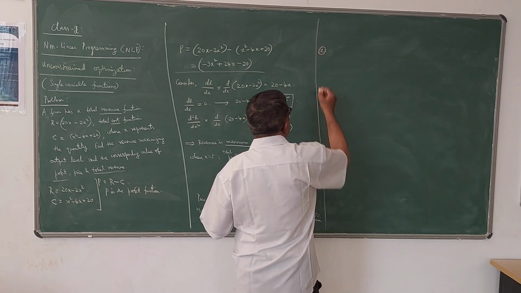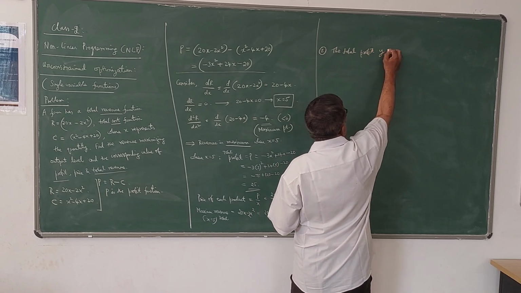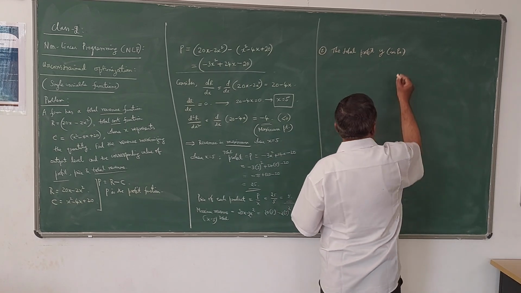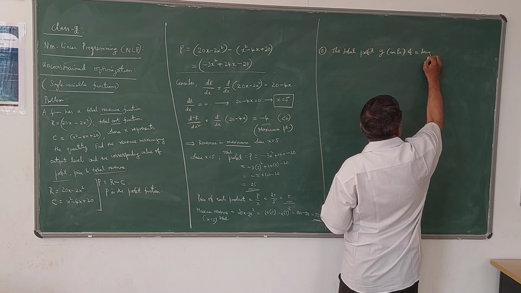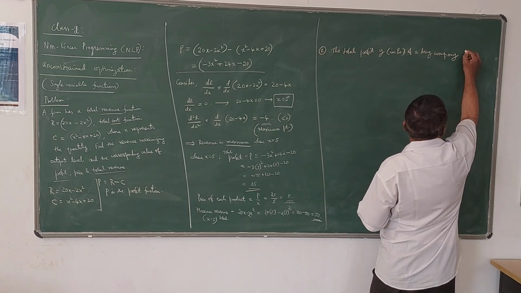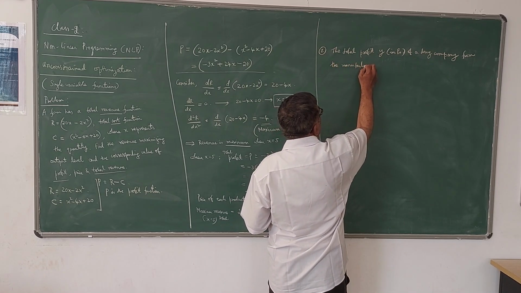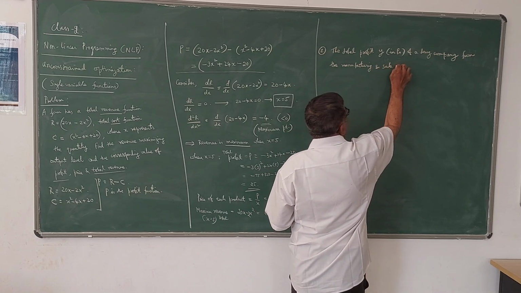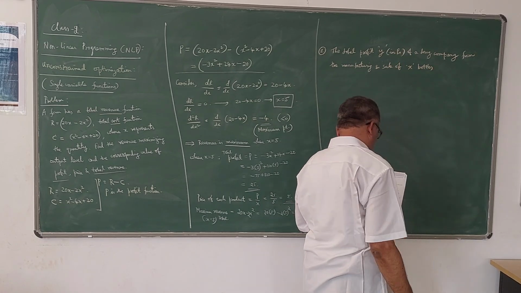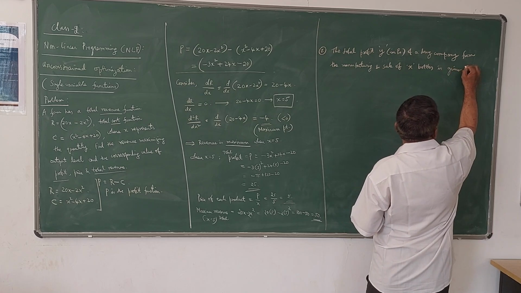The total profit Y in rupees of a drug company from the manufacturing and sale of X bottles, X is a number, is given in the form of a function.